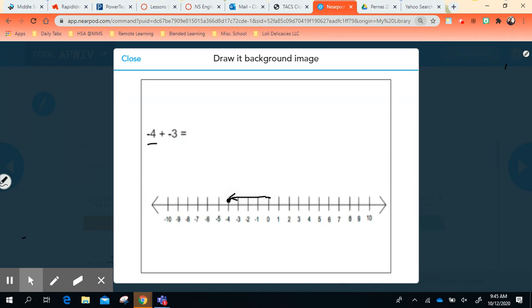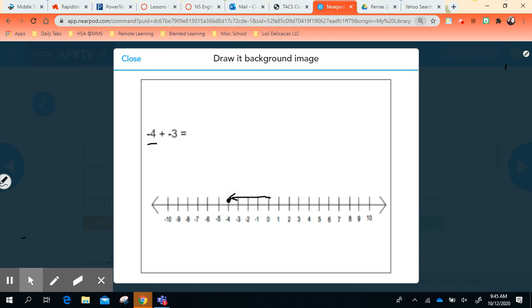Ahora voy a sumar 3 negativos. Ahora estoy viendo que lo que están haciendo es están yendo para acá. Ahora, si van a ir a la derecha, eso significa que están sumando 3 positivos, no 3 negativos. Los negativos todavía son para la izquierda.